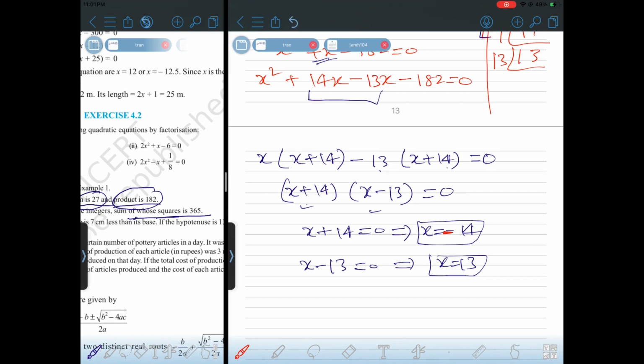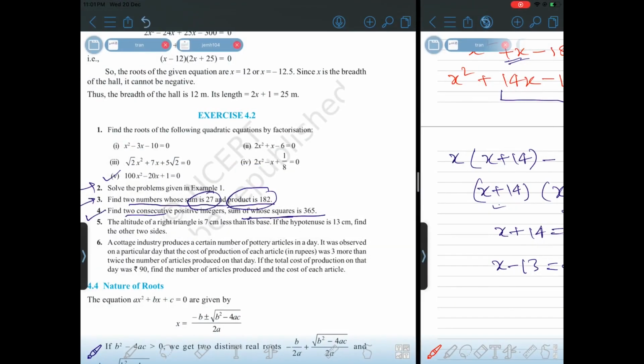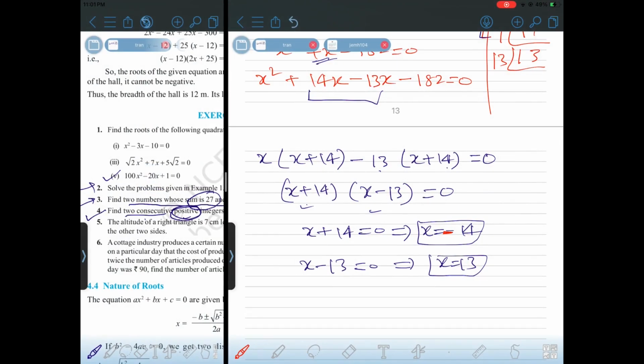Now we have to go back to the question. The question says it requires two consecutive positive integers. Positive integers is a keyword here. Because one of our numbers is a negative integer and one is positive, our answer is the positive one.